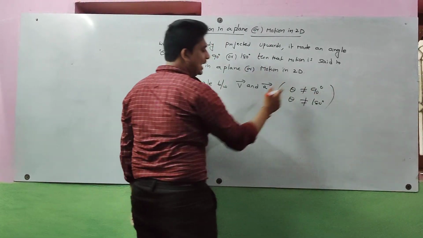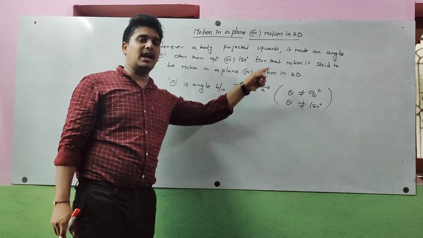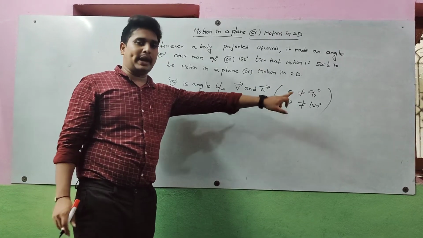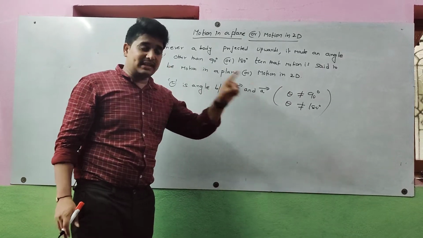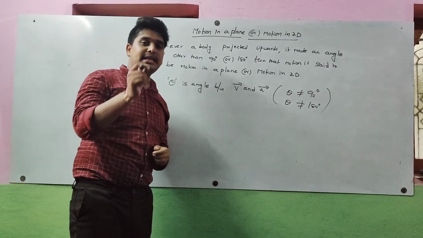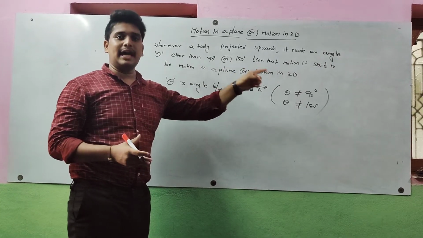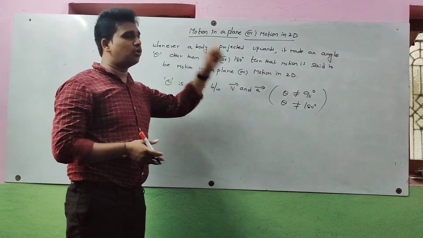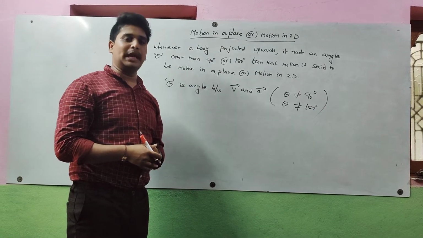If theta is equal to 90 degrees, then that motion is said to be circular motion. If theta is equal to 180 degrees, then that motion is said to be linear motion. Here theta is other than 90 degrees and other than 180 degrees. That's why this motion is called motion in two dimension or motion in a plane.